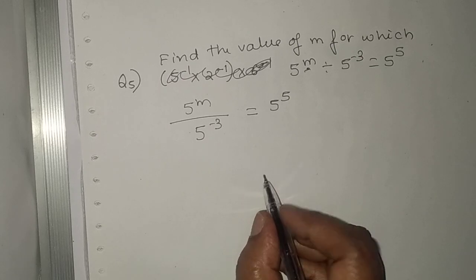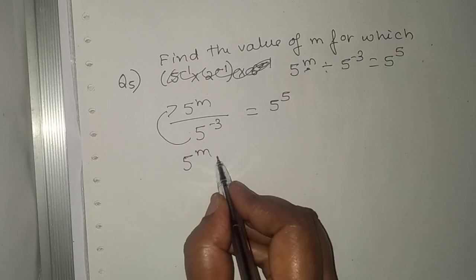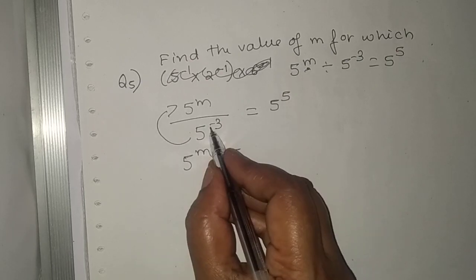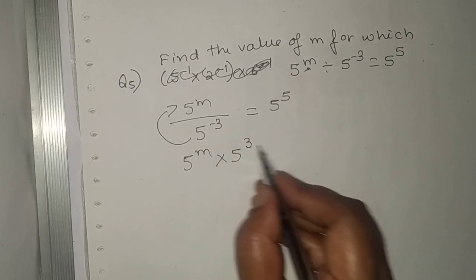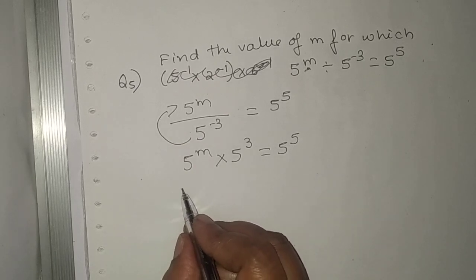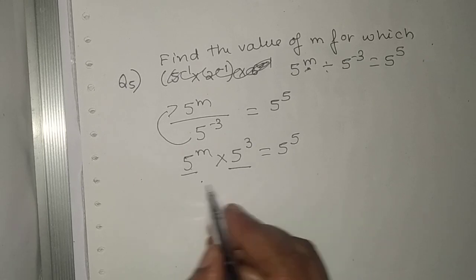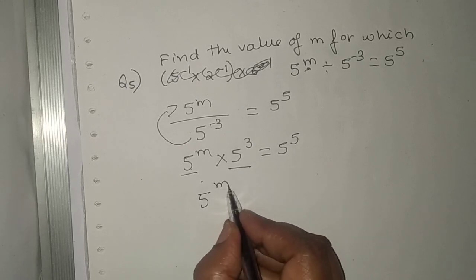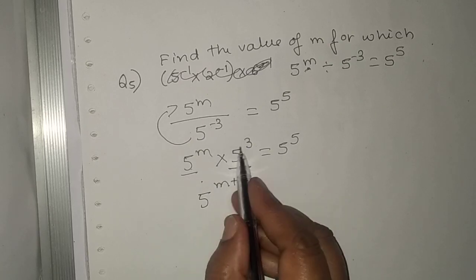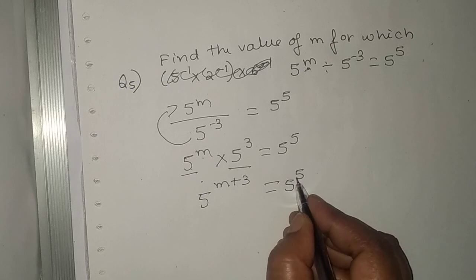Now bring this to the numerator. So 5 power m into, since it is minus this becomes plus, 5 power 3 is equal to 5 power 5. After this we can take the base as common, 5, then the power becomes m plus 3, which is equal to 5 power 5.